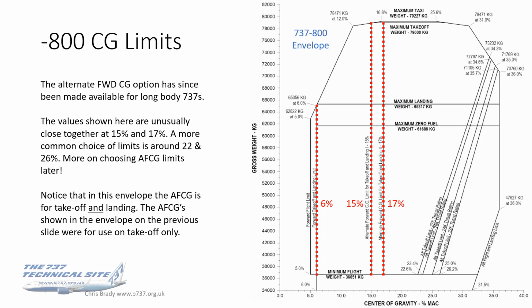I will come on to choosing AFCG limits later in the presentation, and I'll go into this in some depth with you. One thing to point out is that in this envelope, the alternate forward CG limits are valid for both takeoff and landing. The previous one I showed you for the BBJ was authorized for use on takeoff only.